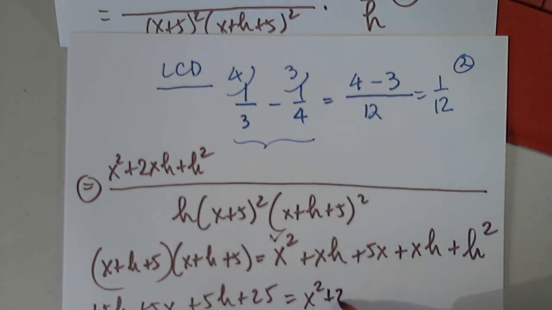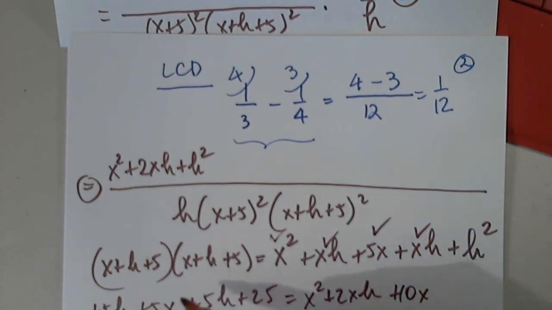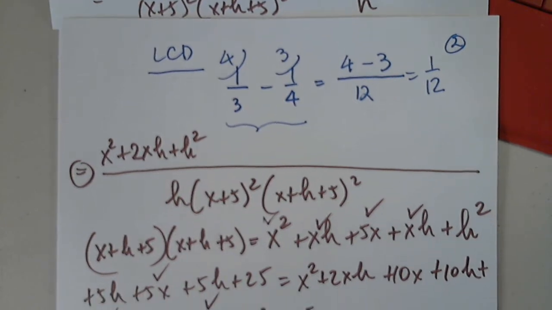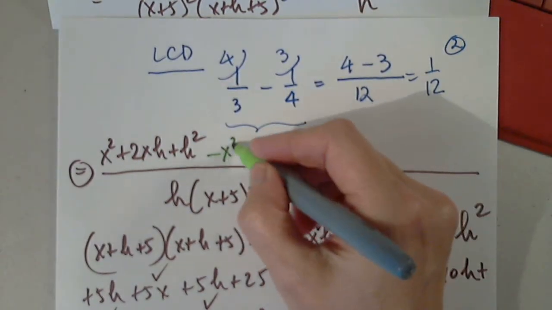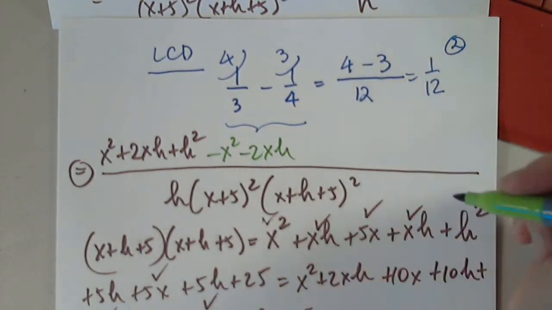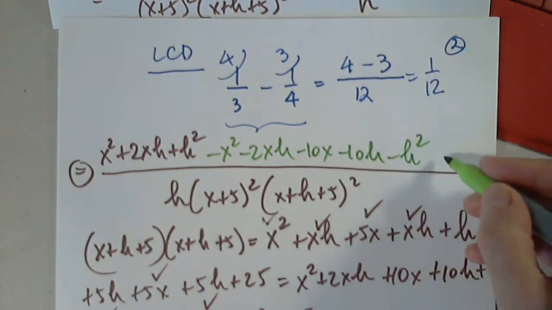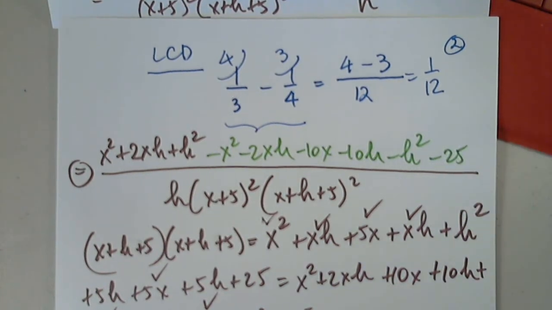Xh, 2xh, 5x plus 5x, 10x, and then plus 10h, and then plus h squared, and plus 25. Finally, we can put it in there. So all with minus: minus x squared, minus 2xh, minus 10x, minus 10h, minus h squared, and minus 25.